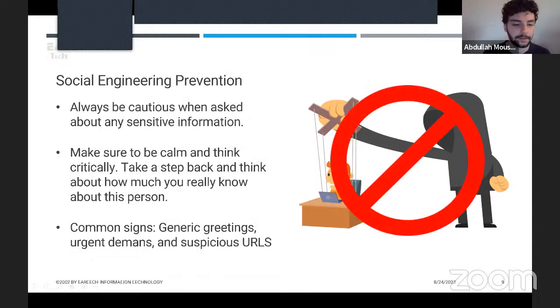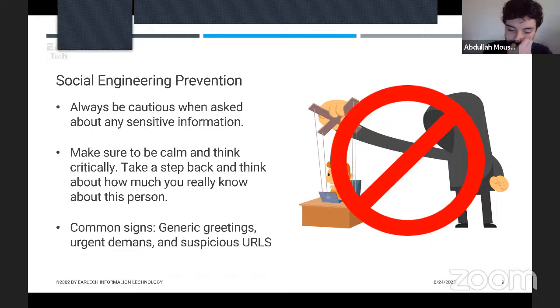Okay, so for social engineering prevention, always be cautious when asked about any sensitive information. Make sure to be calm and think critically. Take a step back and really think about how much you really know about this person. They could call you up pretending to be the IT department, and they could be asking for your password and all this and that, but you really don't know who's on the other side of this phone.